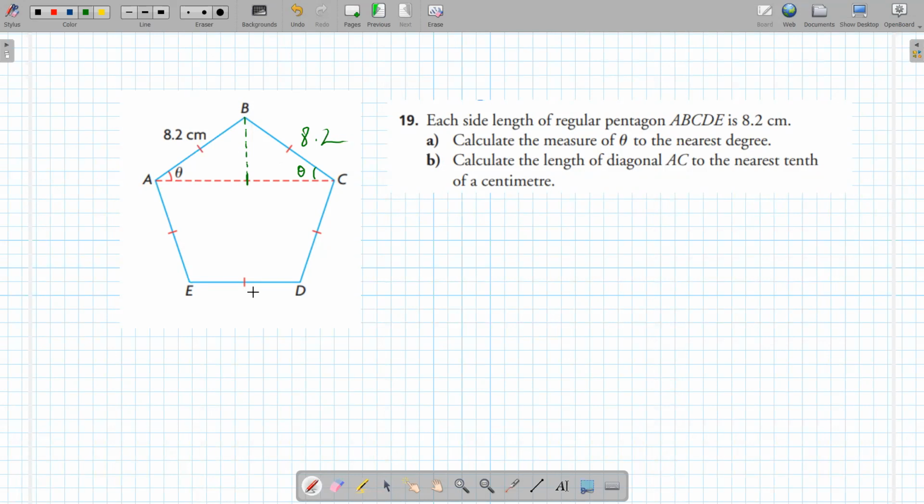Is there anything we can do? What do you think that angle is, theta? Is it 45?